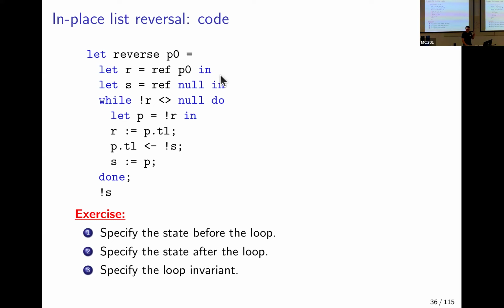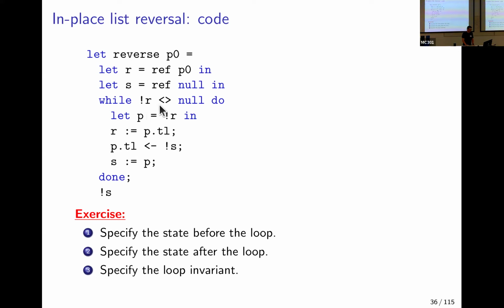You allocate only 2 cells, 2 references, and that allows you to use the existing cells to construct the reversed list. Of course, you are losing the initial structure of the list because you're using the same cells. So it changes every time.